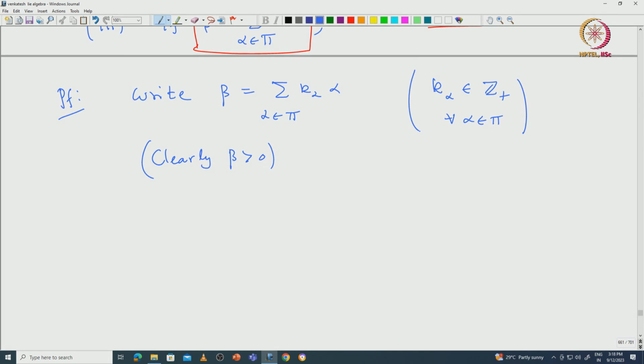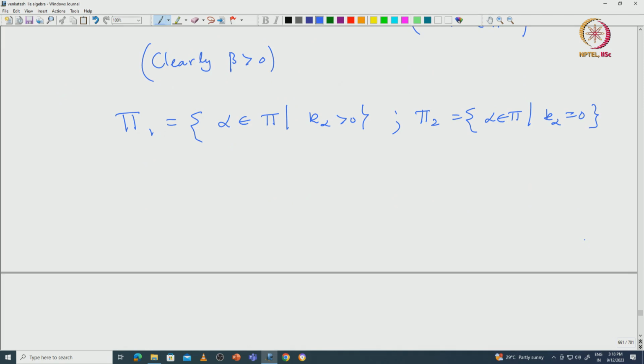Now we can define two sets, pi 1 and pi 2. Pi 1 is those alpha in pi such that k_alpha is positive, and pi 2 is those alpha in pi such that k_alpha is equal to 0, because these are the only two options that we have. Then it is clear that pi can be written as a disjoint union of pi 1 and pi 2.